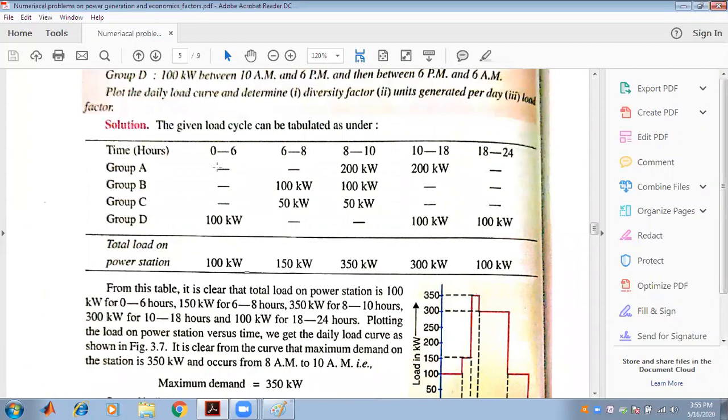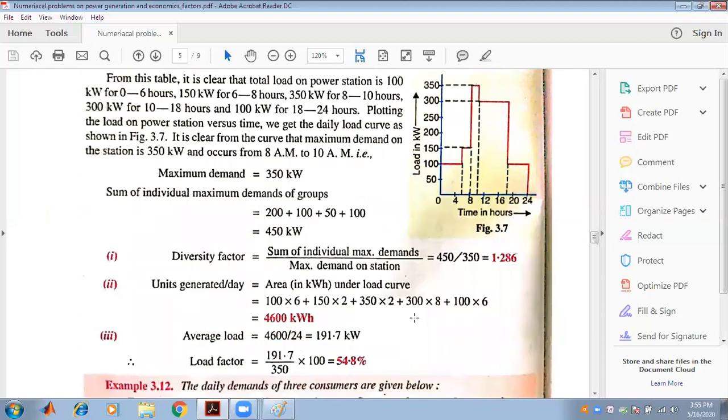It is 100 into 6 hours, 150 into 2 (8 minus 6), 350 into 2 (10 minus 8), 300 into 8 (18 minus 10), 100 into 6 (24 minus 18). That is 4600 kilowatt hour, the units generated per day.